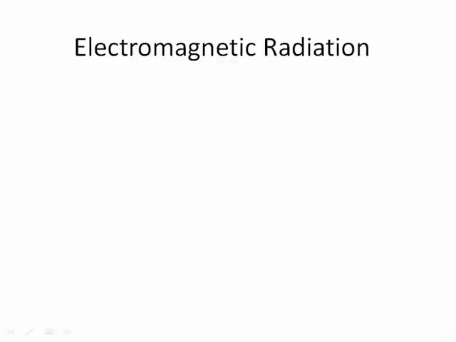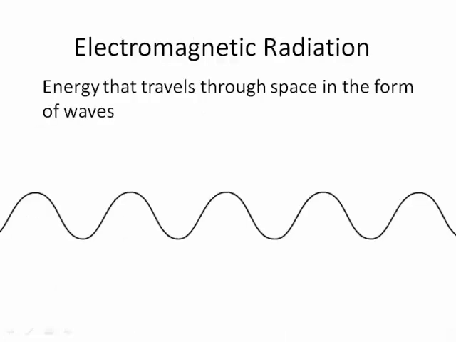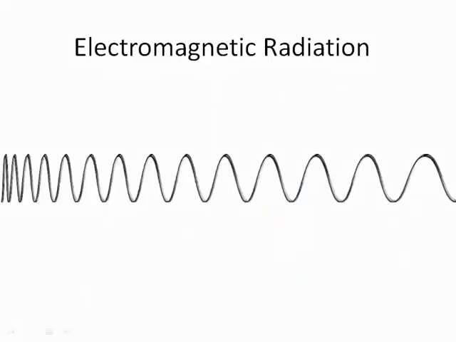Light is electromagnetic radiation, that is, energy that travels through space in the form of waves. Types of electromagnetic radiation are distinguished by their wavelengths, the distance from one point on a wave to the corresponding point on the next wave. We name electromagnetic radiation based on its wavelength.